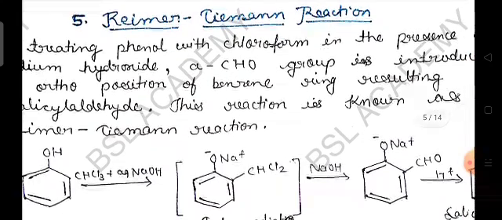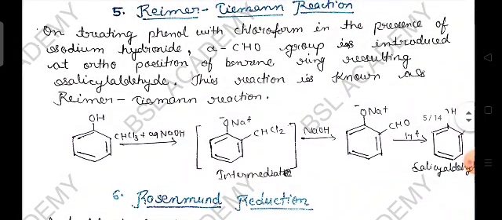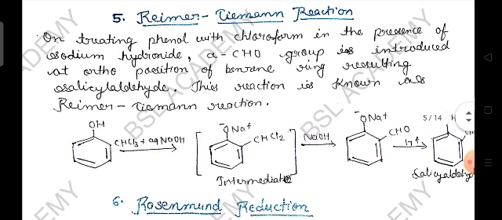Now let's move on to the next reaction, which is the Reimer-Tiemann reaction. On treating phenol with chloroform in the presence of sodium hydroxide, a CHO group is introduced at the ortho position of the benzene ring, resulting in salicylaldehyde.